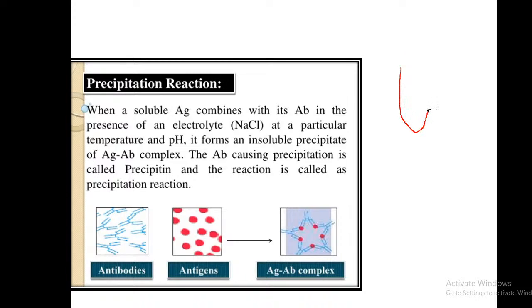I have told you when I explained the lattice formation, a precipitate will form. That's known as precipitation reaction. And this precipitate complex or antigen antibody complex will be engulfed by a phagocyte. It holds everything, makes it inactive, and then destroys it.